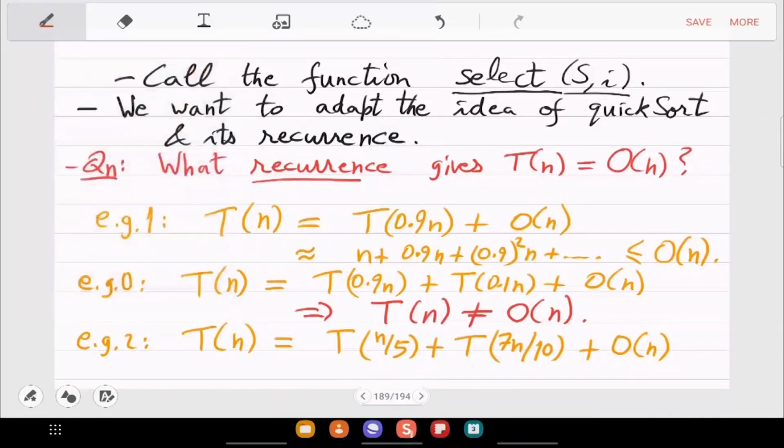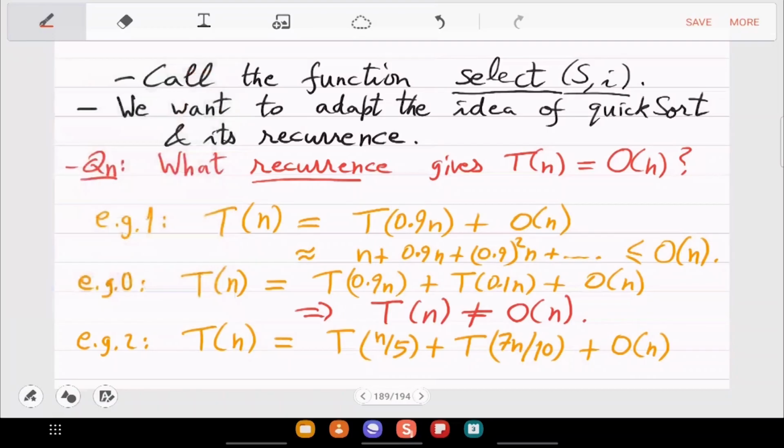So example 2 is what we want. We want something like 20% is the first part, and for the remaining 80% we don't use the full, we use only 70%. Since 20 plus 70 is not 100, this recurrence will be a linear time algorithm. So we'll try to get to this recurrence.